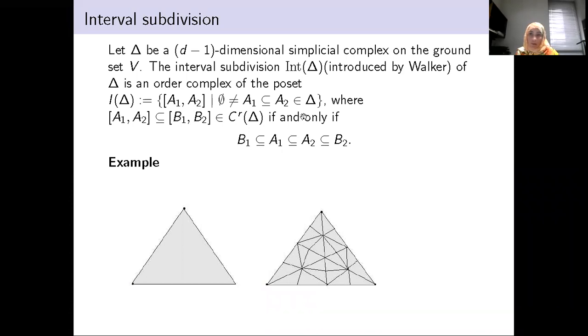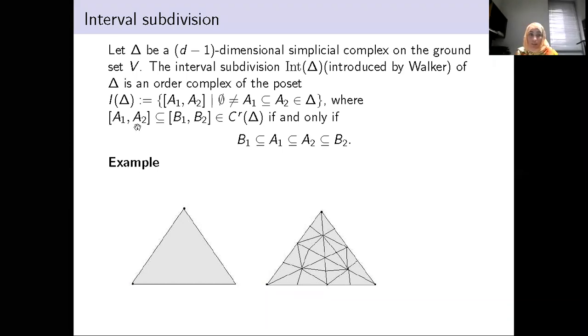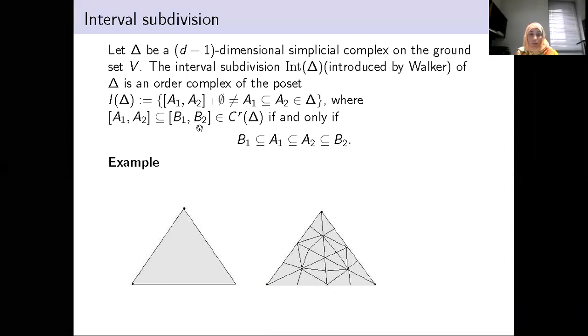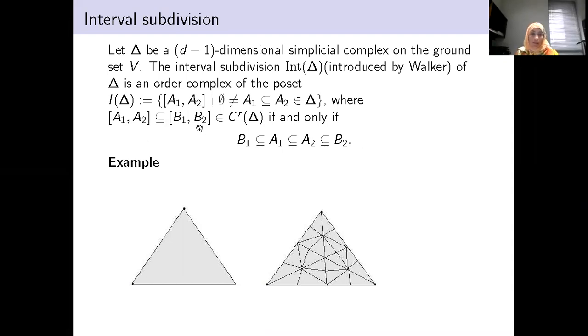That's why we call it interval subdivision, right? And how they are ordered, we have some order between them. This is clear from here. We say that B1 and B2 are ordered if B1 is contained in A1, A1 is contained in A2, and A2 is contained in B2.